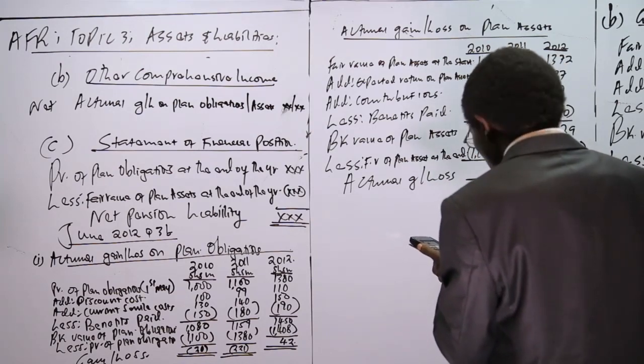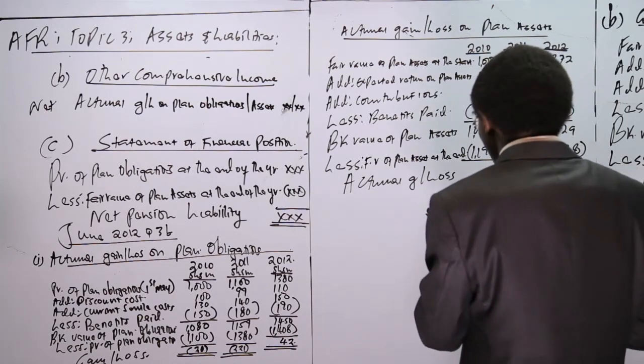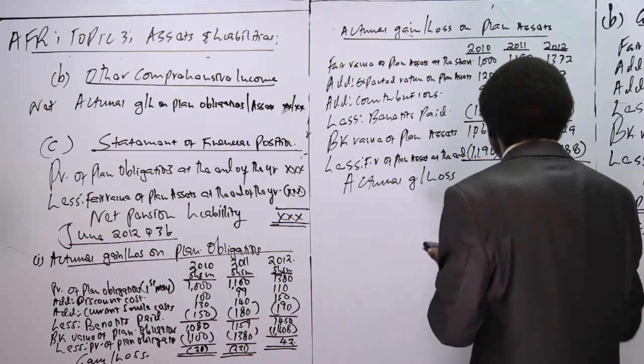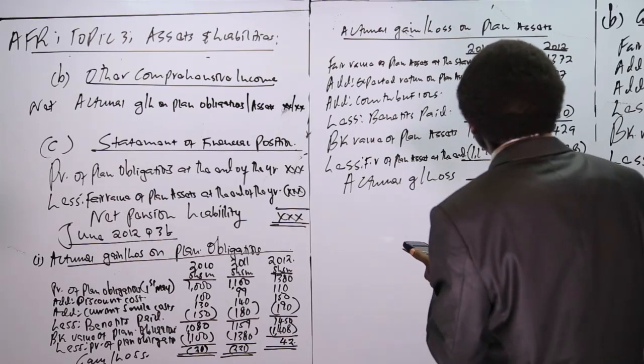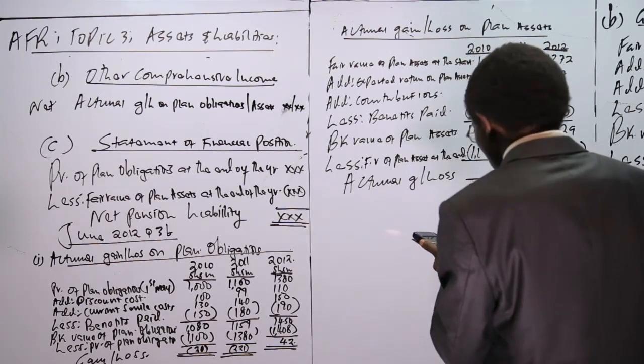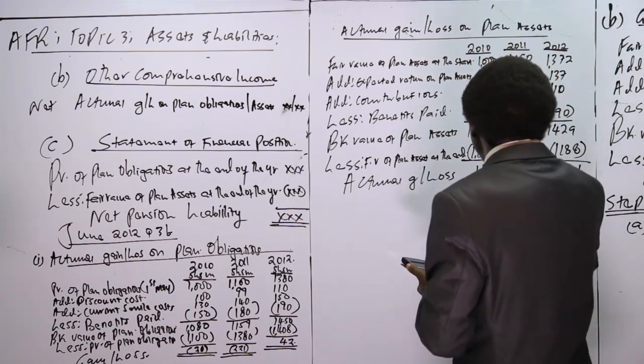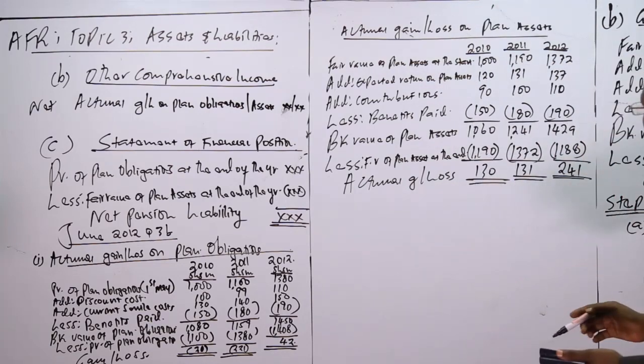1241 minus 1372, we have 131. Then we have 1060 minus 1190. This is 130. So let's look at them again.